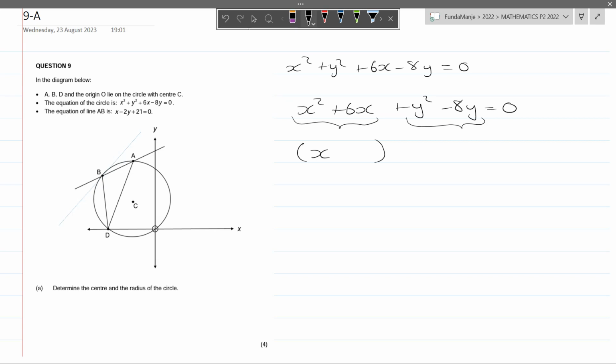A half of 6 would be 3, so we'd have plus 3, and then we'd square it on the outside. Then we do the same thing for this, y plus a half of negative 8, which would be negative 4. Y plus negative 4 is just y minus 4 squared.